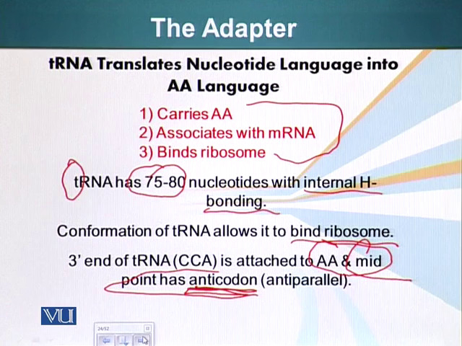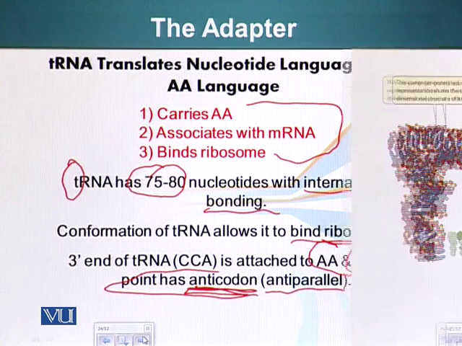These are basically the functions of the adapter, or the transfer RNA. I have to again point out that the interaction of codon and anticodon is antiparallel. All nucleotide interactions are antiparallel for our purposes.